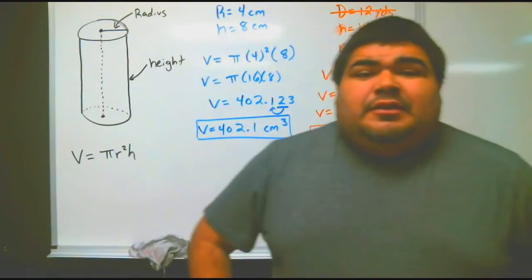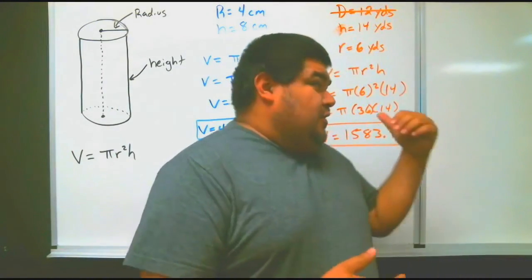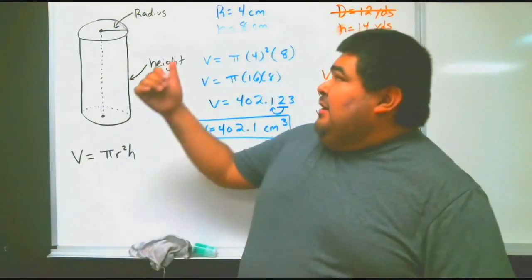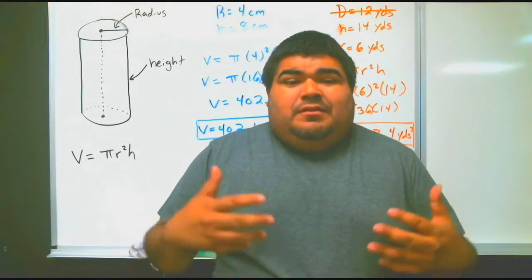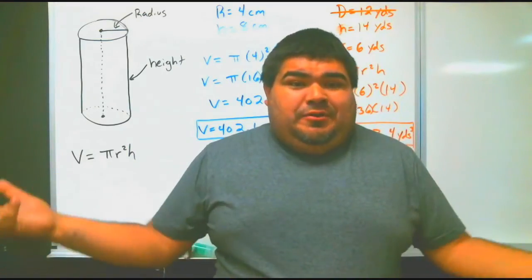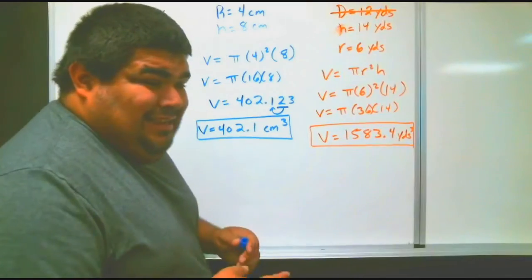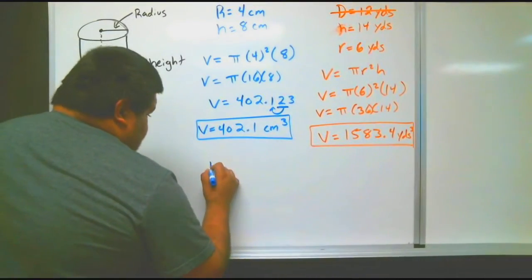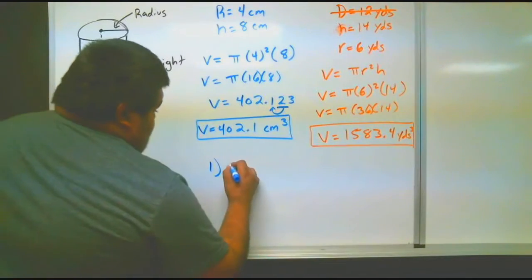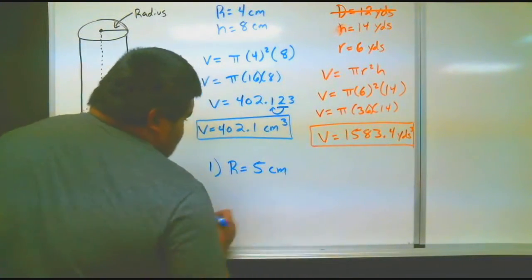All right, guys, here's your assignment for today. You guys are going to do something similar to this. I'm only going to give you the radius and the height. I'm not going to draw them out, for the purpose of saving time and marker. All I'm going to give you is the key words. For number 1, your radius is 5 centimeters.